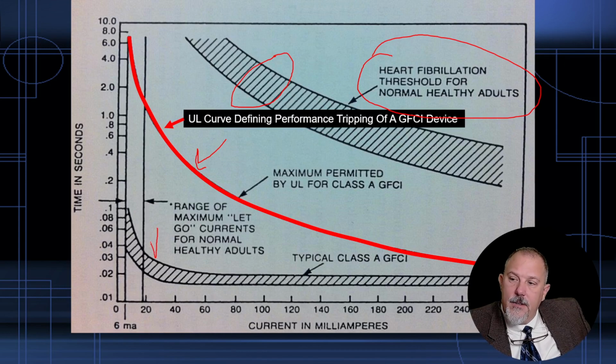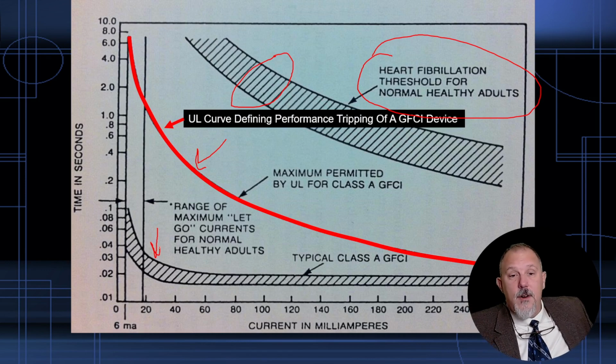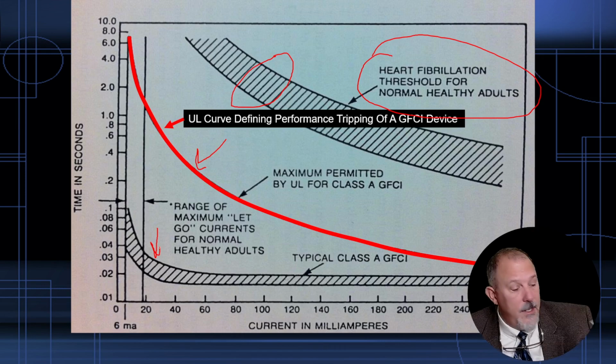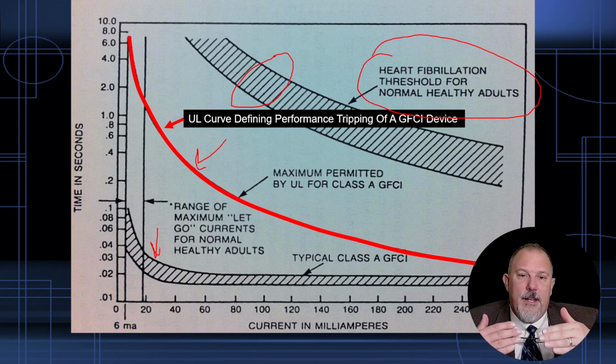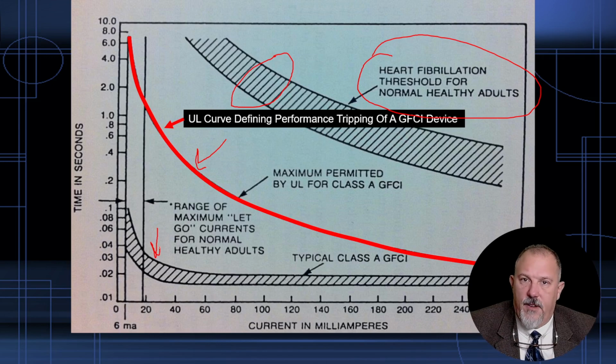And down here is where the typical Class A device trips. Now you say, wow, the manufacturers went above and beyond to go that fast. In reality, though, when you look at these devices, whether it be a receptacle or a GFCI breaker, the sheer nature of it is such that it responds that fast.